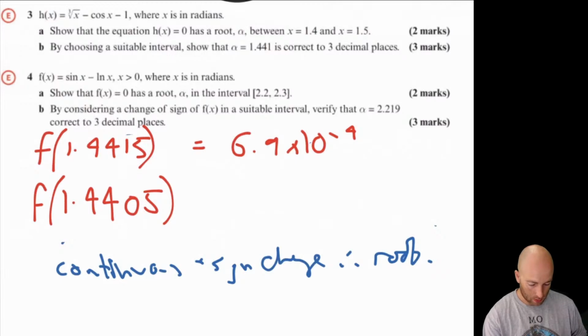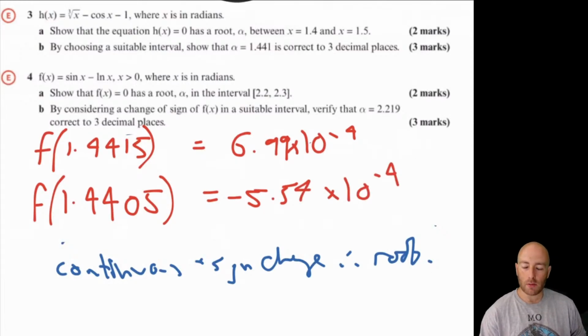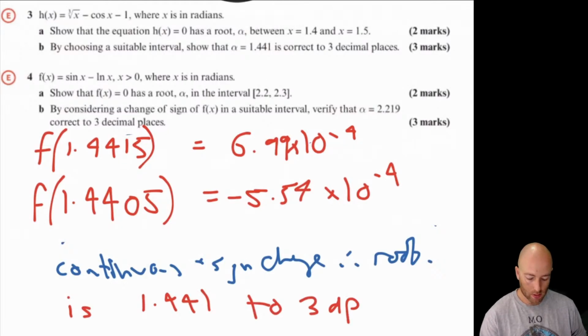And same thing for 1.4405, and we get minus 5.54 times 10 to the minus 4. Same reason: continuous, sign change, therefore root. We also need to say root is 1.441 to 3 dp. Cool, so that's the first one.